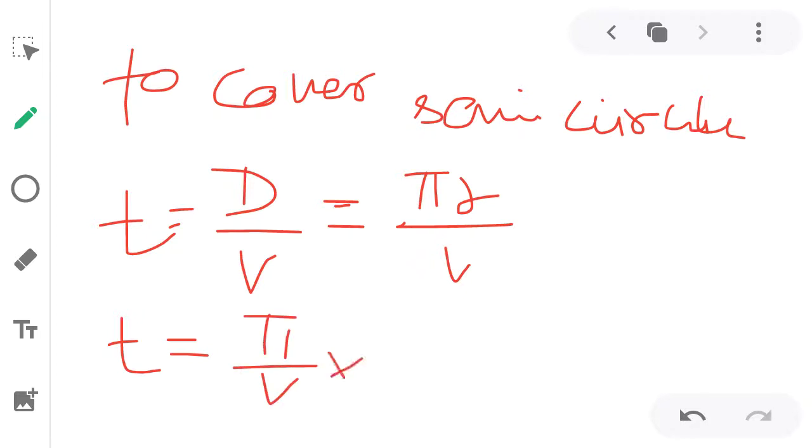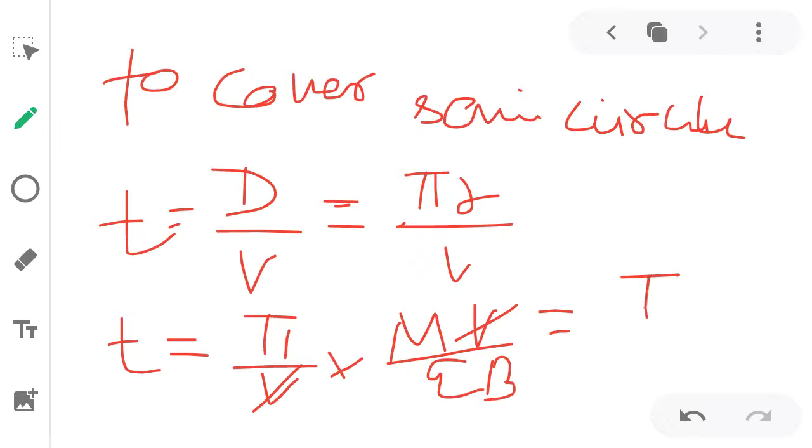And r we got in the earlier equation, mv upon qB, so v cancels out. We simply get pi m upon qB. So this is the time taken, and this will be the frequency for change of electric field strength.